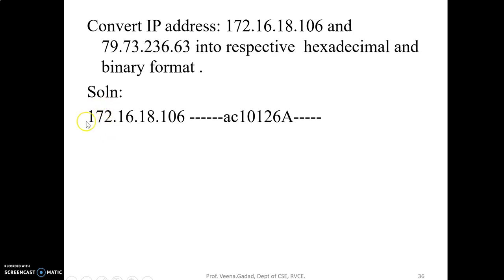Each of these decimal numbers, that is 172, 16, 18, is called an octet, because you can represent it in 8-bit format. So 172 in hexadecimal is AC. You can check it if there is some confusion.